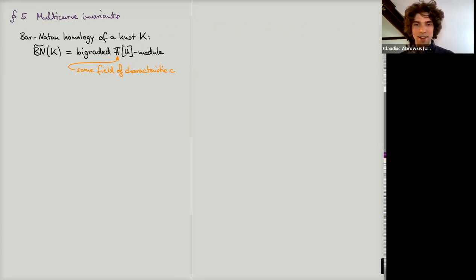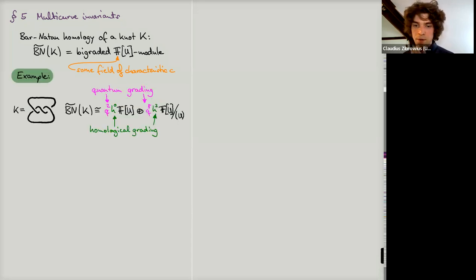As I said earlier, the Rasmussen invariant is an integer that you extract from an equivariant version of Khovanov homology, which is known as Bar-Natan homology and takes the form of a bigraded F[U]-module, where F is some field of some fixed characteristic C. For example, for the trefoil knot, the Bar-Natan homology looks very simple.